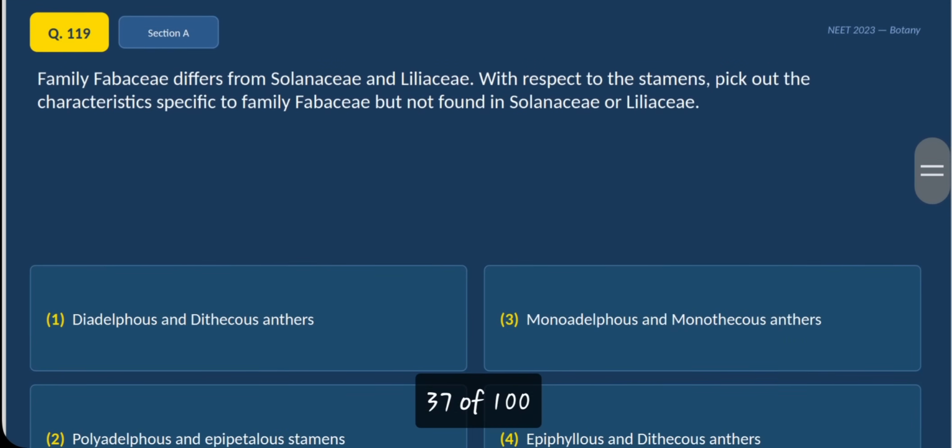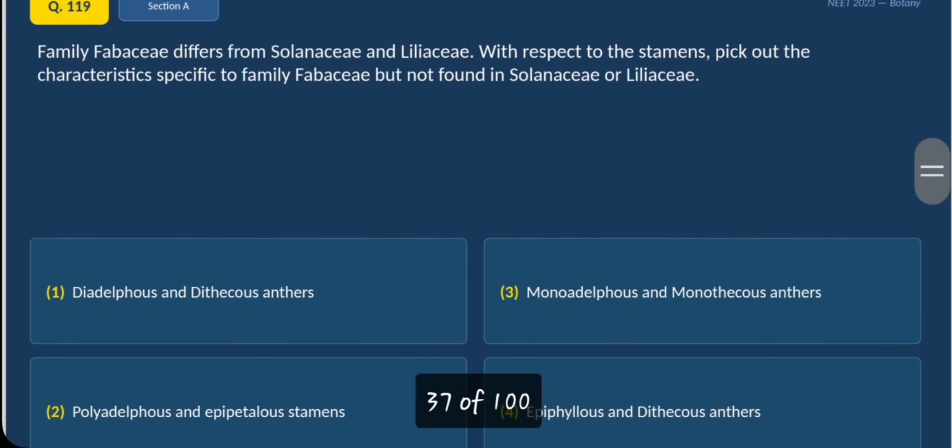Family Fabaceae differs from Solanaceae and Liliaceae with respect to the stamens. Pick out the characteristic specific to family Fabaceae but not found in Solanaceae or Liliaceae. I would consider diadelphous stamens: diadelphous and dithecous anthers, monoadelphous and monothecous anthers, polyadelphous and epipetalous, or epiphyllous and dithecous anthers.